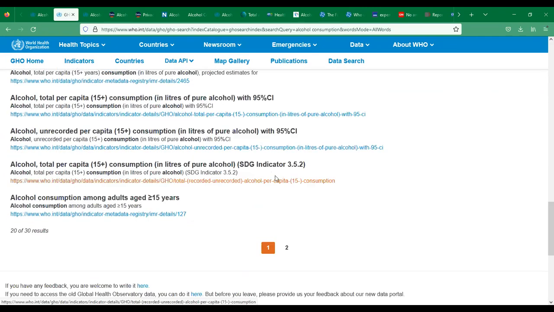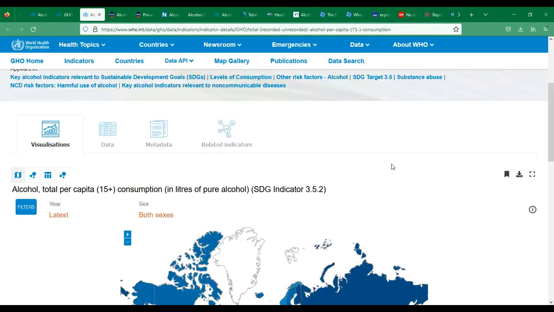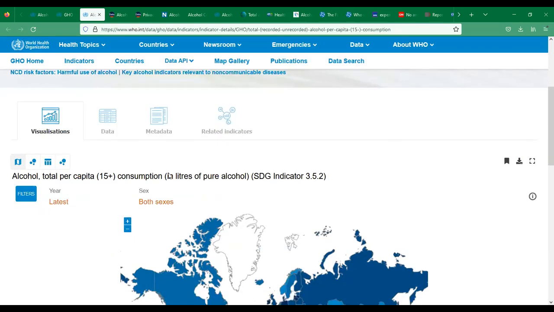So you'll find plenty of data, but what we're looking at today, briefly, is alcohol total per capita consumption, 15 plus, in liters of pure alcohol.